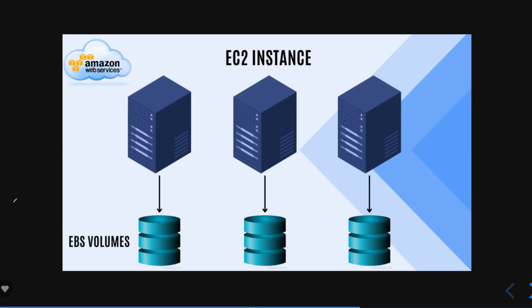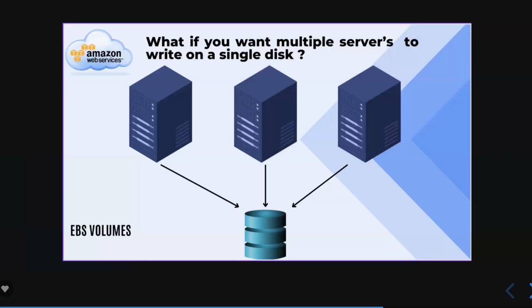If you fall into a situation where you have multiple applications that want to read data from a specific file and write data to the specific file, you can think I'll create one specific volume for my application.